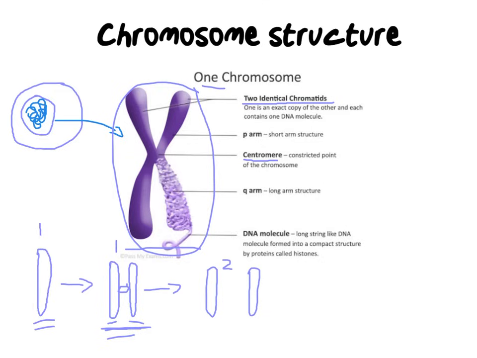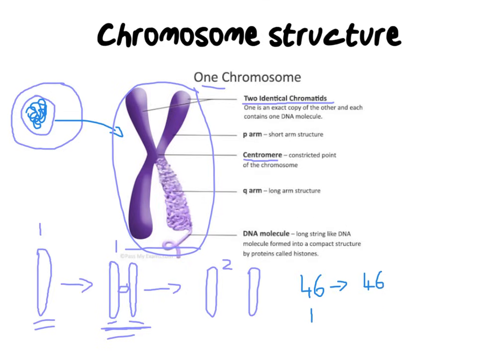This is often where a lot of students find difficulty in understanding the chromosome structure and the numbers. So maybe to make it a little bit easier, let's work with actual numbers. Let's work with a human cell. If a human cell has 46 chromosomes and it undergoes DNA replication, it will still have 46 chromosomes.